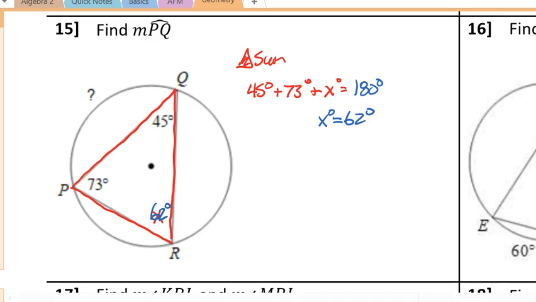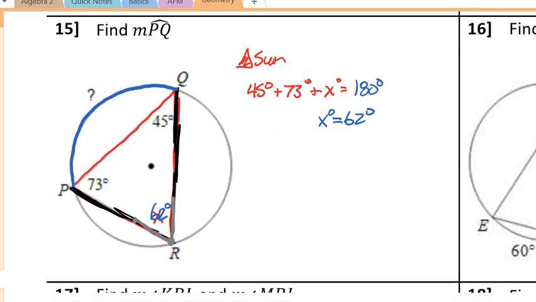Well, how does that actually help us? Well, once again, this is an angle that is on the circle. So I'll extend it in black here. If I extend this angle all the way to the arc that it intercepts, that is in fact this unknown value of PQ.